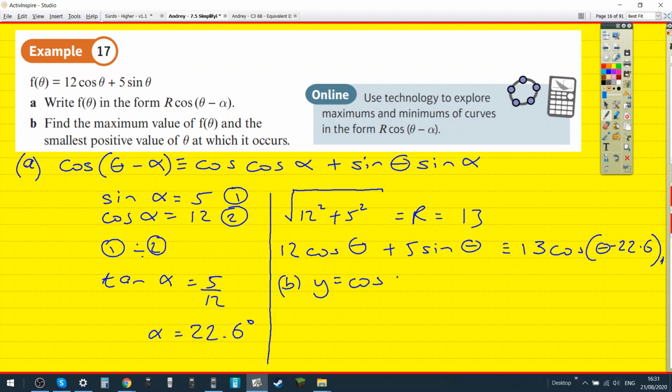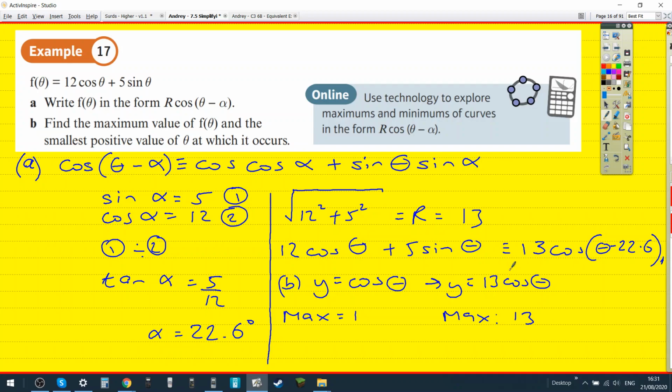What's the maximum? 1. Okay. That becomes y equals 13 cos theta. 13. Yep. So the y coordinate will be 13.